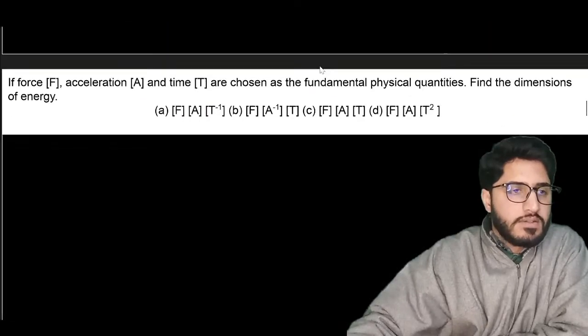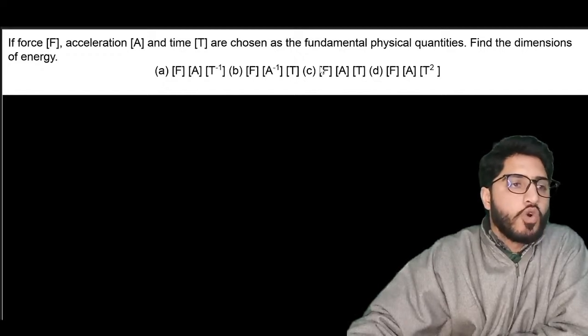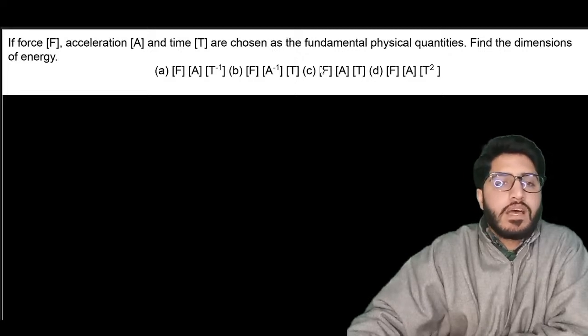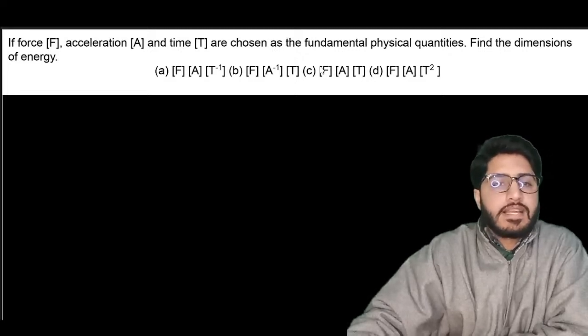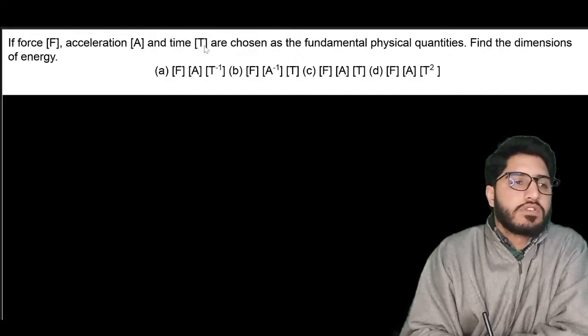Now next numerical. If force, acceleration, and time are chosen as the fundamental physical quantities, find the dimensions of energy. So it is given to us, we have to find out the dimensions of energy.